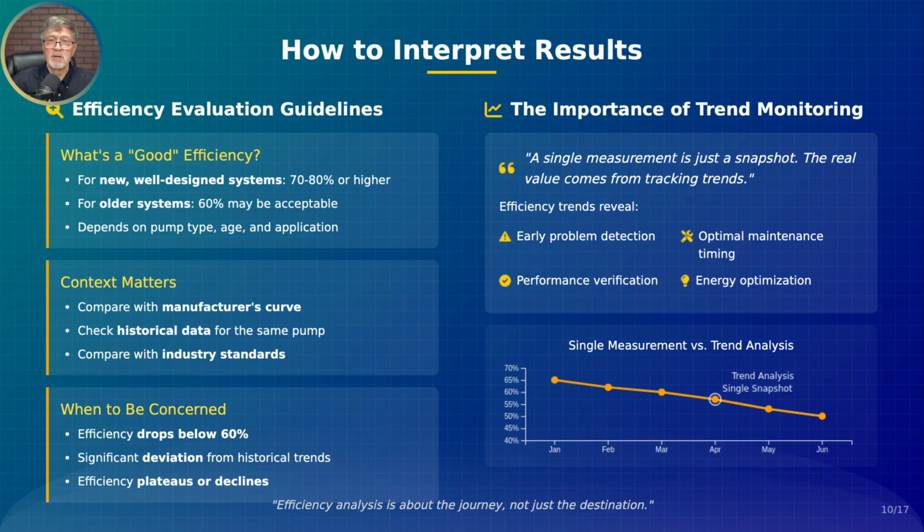We can see the perspective, and we have a downhill trend here versus that single data point. It's hard to interpret that sometimes other than comparing to industry standards. But if we see where we are on this line, then we know what our trend is, and we can start to see when we're going to decline below 60%, how long that took, and when we need to do overhauls or replacements.